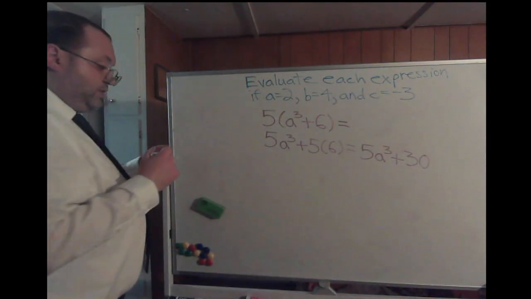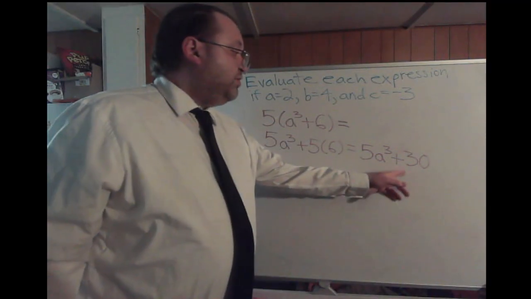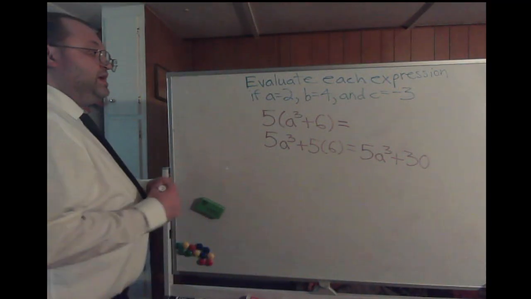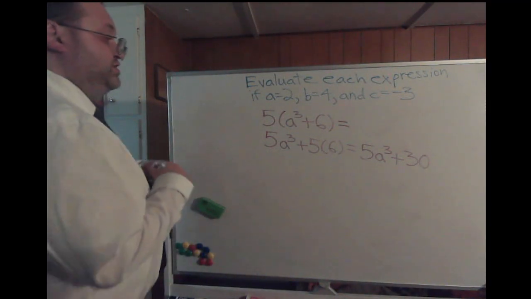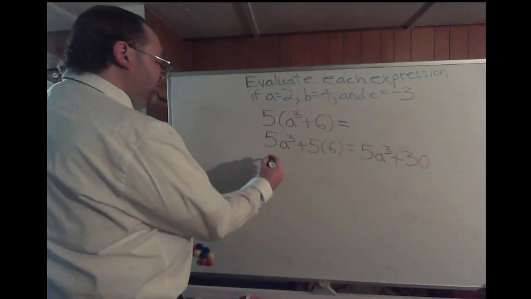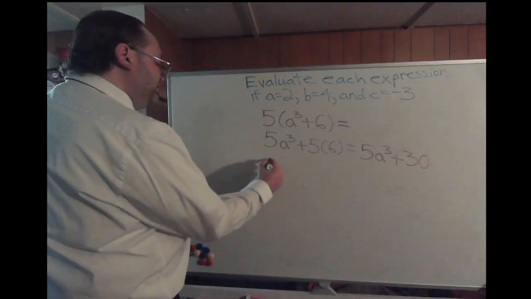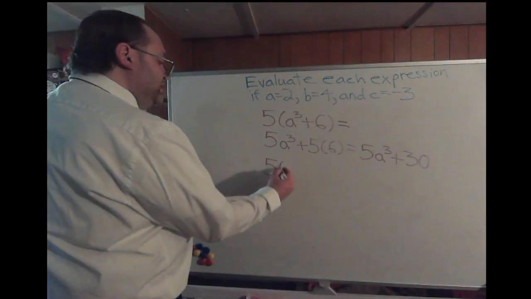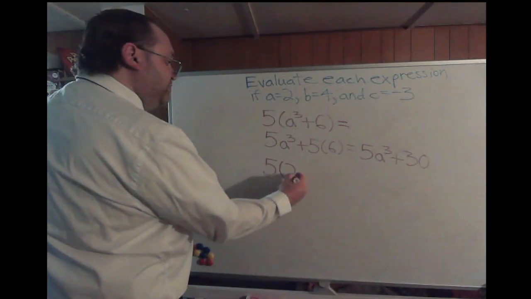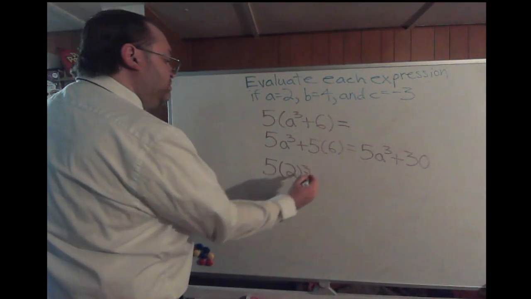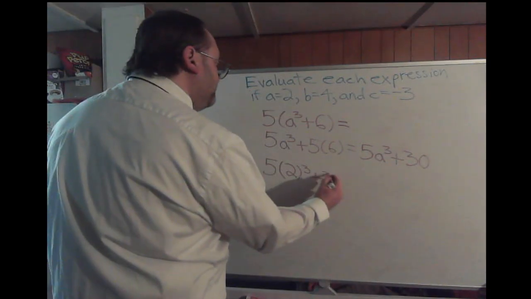So really the equation we have is 5a to the third power plus 30. Now we can go ahead and make our substitution in for a. So you'll have 5 times what is a, 2 to the third power plus 30.